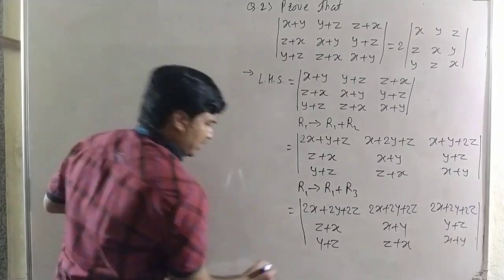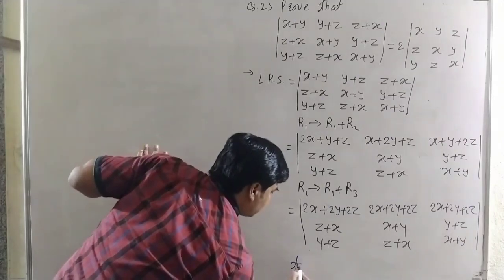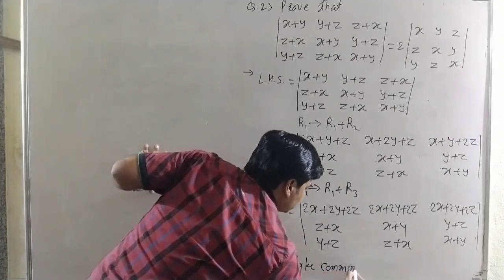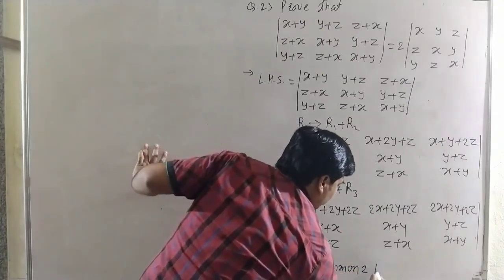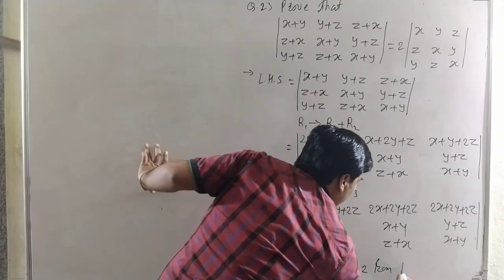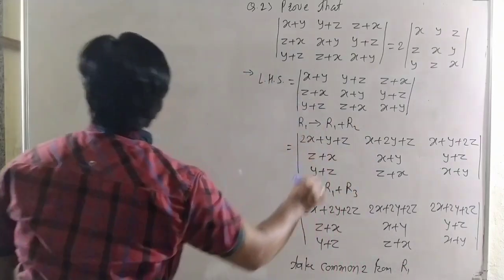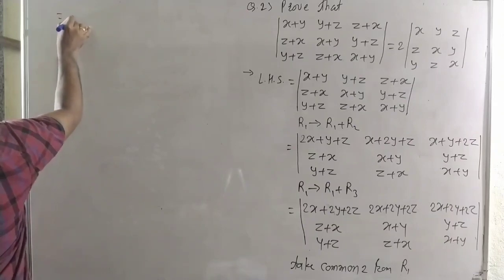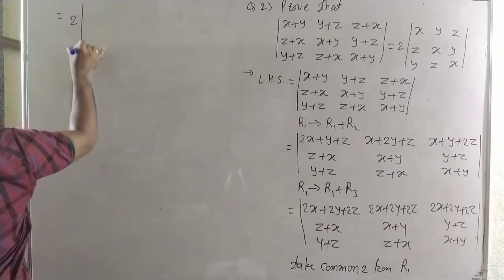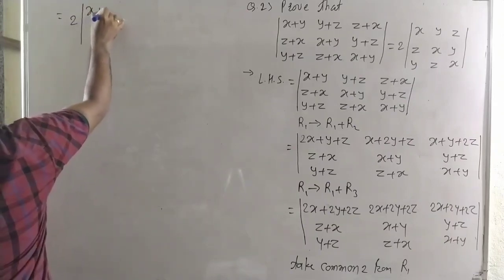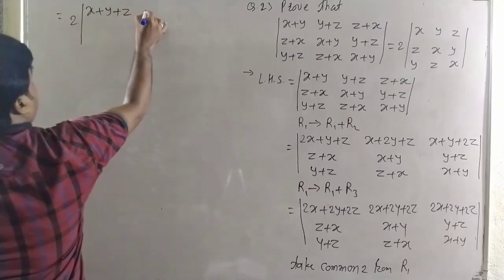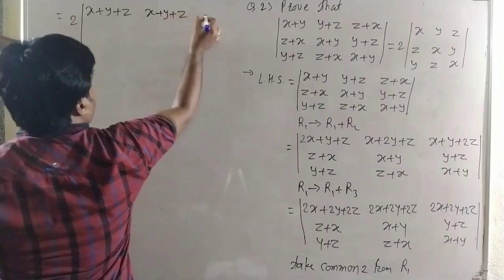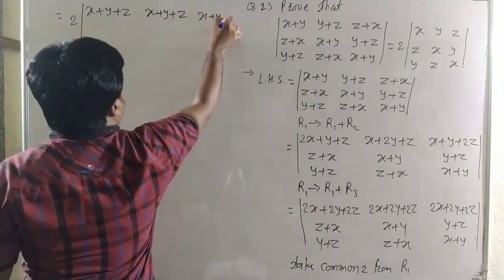Okay, here take common 2 from R1. Then we get the determinant. Here we can write a 2 times the determinant of x plus y plus z, x plus y plus z, x plus y plus z.